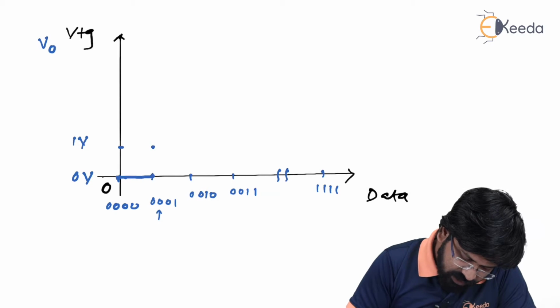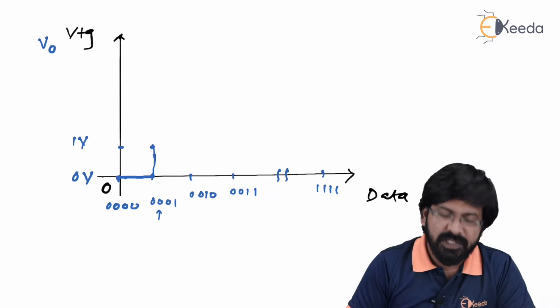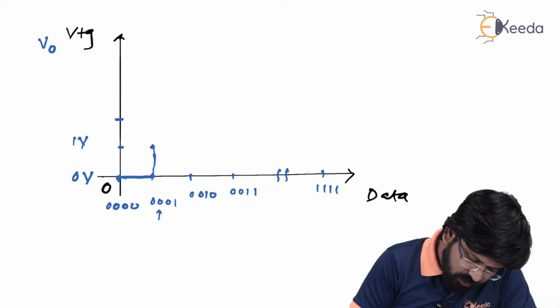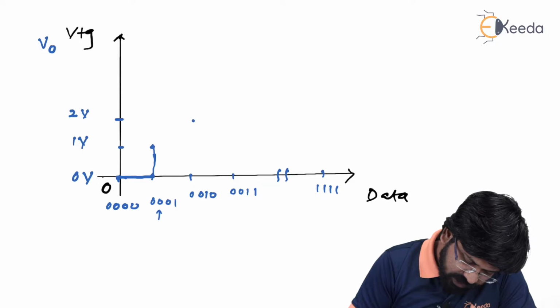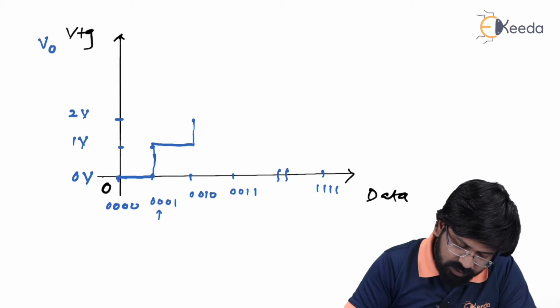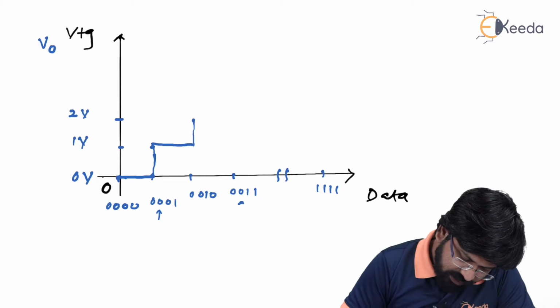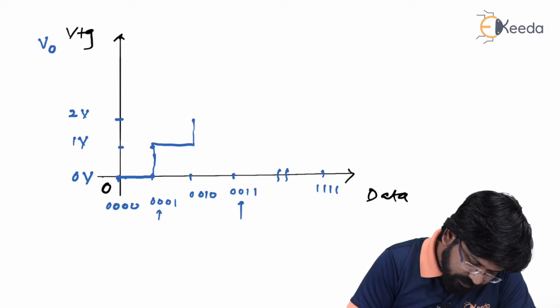As you can see, the output voltage is shifted from 0 volt to 1 volt now. When the data is 0010, output gets switched to 2 volt. For 0011 data, you will get output as 3 volt.